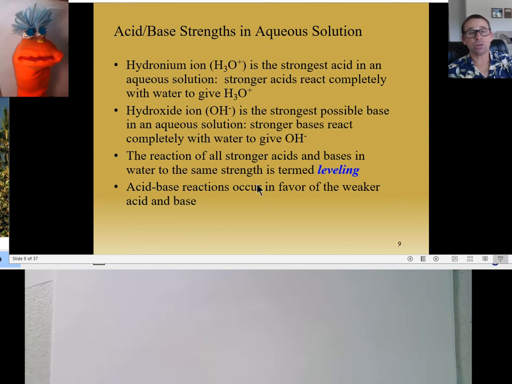Stronger acids also react completely to just give the hydrogen ion. So the reaction of all stronger acids and bases in water to the same strength is termed leveling. All right. So acid-base reactions will occur in favor of the weaker acid and base.